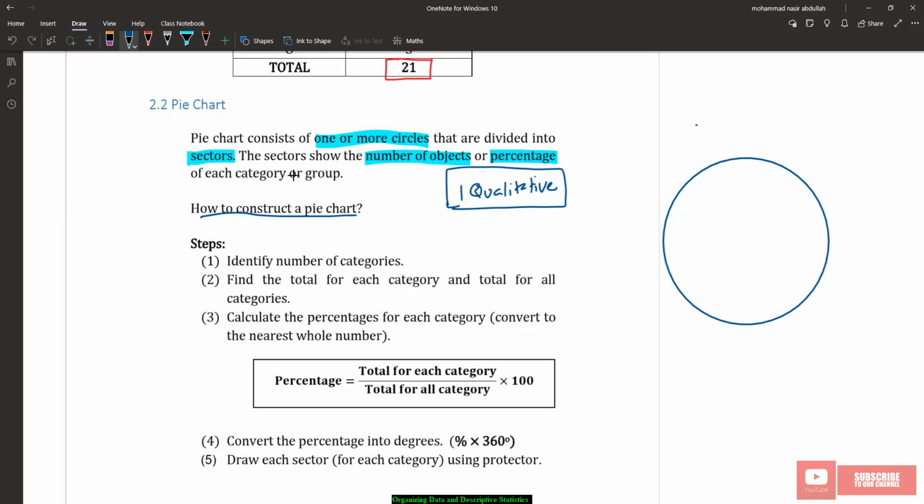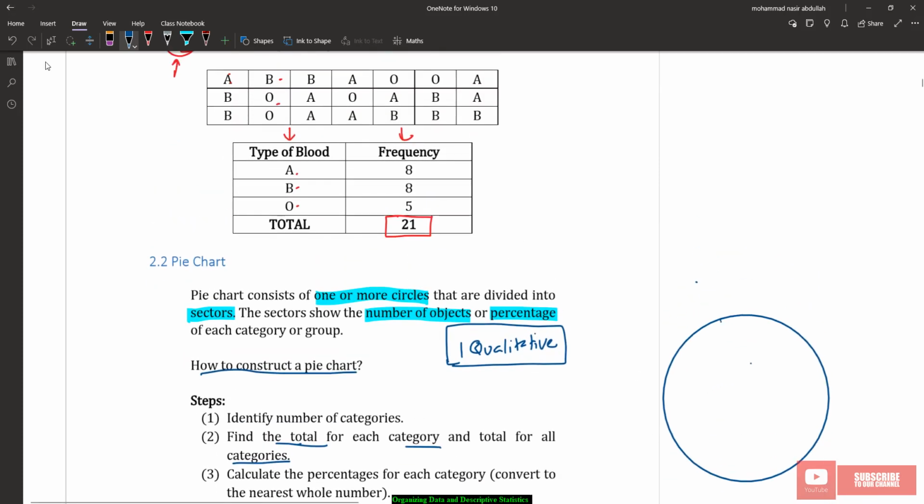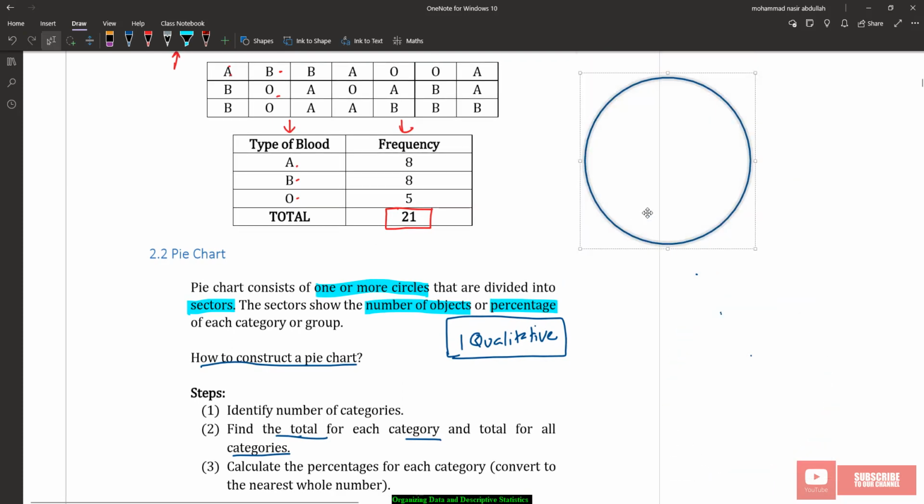Okay. So first step, we need to identify the number of categories. Second step is we need to find the total for each category and the total for all categories. That means we need to construct a frequency table. If you have a frequency table, then you can make a pie chart.